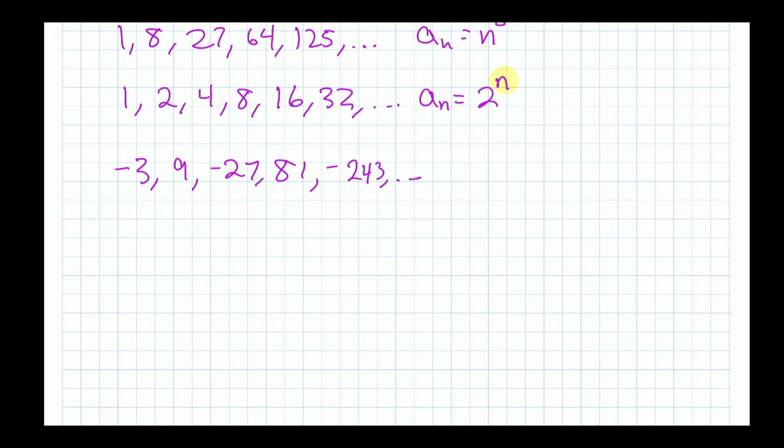What's going on there? Right? There's two things going on there. First of all, you should realize that these are powers of 3, right? That's 3 to the 1, 3 to the 2, 3 to the 3, 3 to the 4, right? So you can guess that that is 3 to the n.